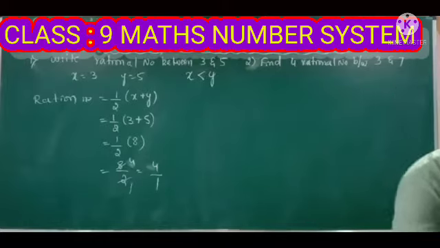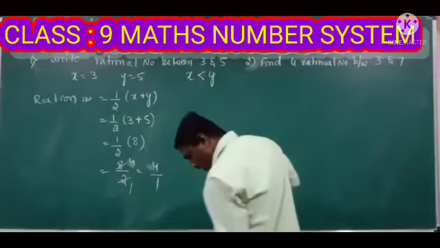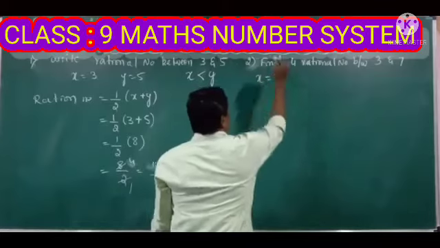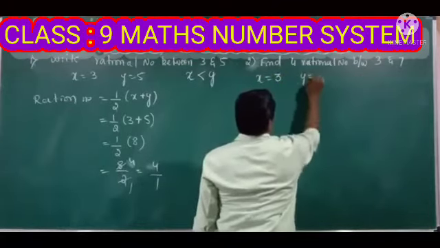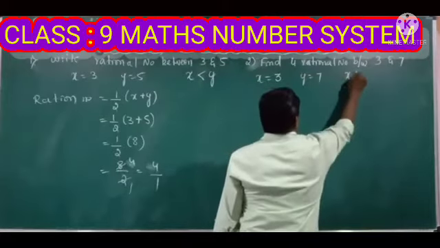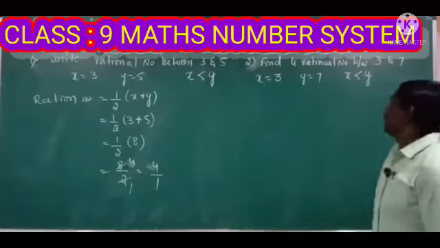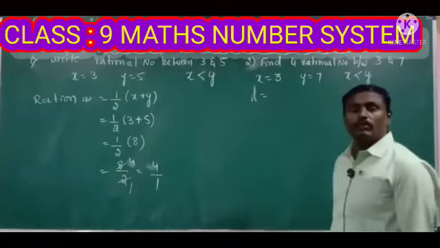The given formula is, here also we take x and y as the two values. X is always smaller than y, so take x as 3 and y as 7. The condition given is x is less than y. First you need to find the d value.